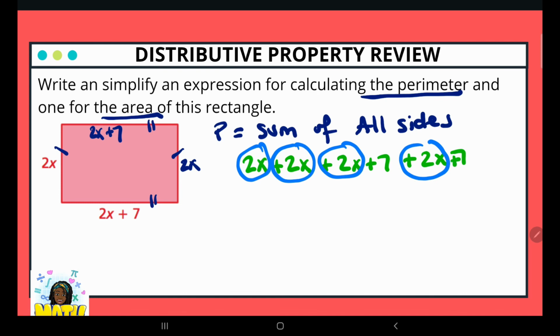Okay. And then I have a positive 7 and a positive 7. So we can go ahead and combine those terms. So 2 plus 2 is 4, 4 plus 2 is 6, plus 2 is 8, so this gives us 8x, and then 7 plus 7 is 14. That is the perimeter of this shape.